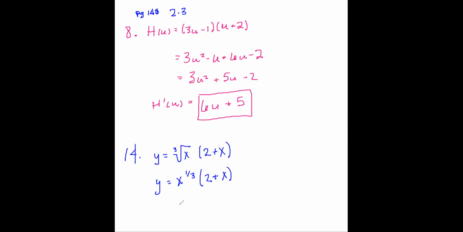So that would be 2x to the 1/3 plus x to the 1/3 times x to the 1, so that is x to the 4/3, right? That's 3/3 plus 1/3.